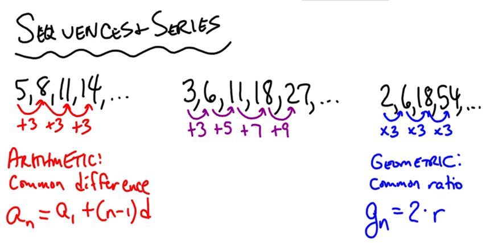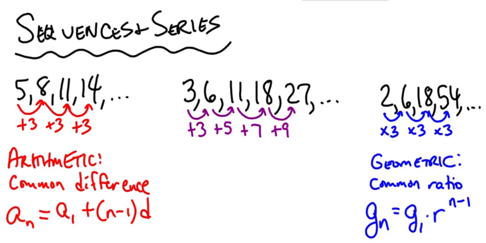Oh, it's not always 2. I would take the first term and multiply by r over and over and over again, n minus 1 times. There's actually an analogous relationship between those two formulas, and I hope that that's not hard to see.